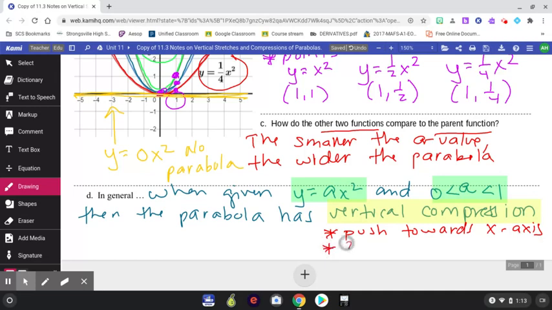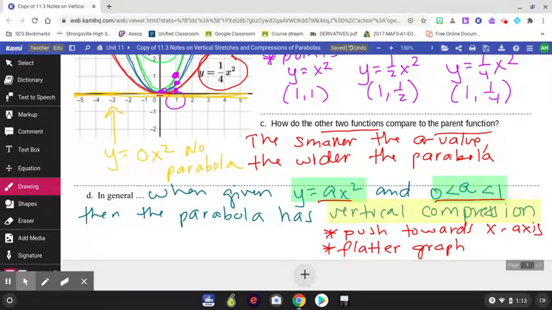We get a flatter graph, okay? And so instead of stretching my arms way up in the air for a vertical stretch, I'm pushing my arms down so that they are more like airplane arms, okay, with this vertical compression. And again, that occurs when I have this a value between 0 and 1.